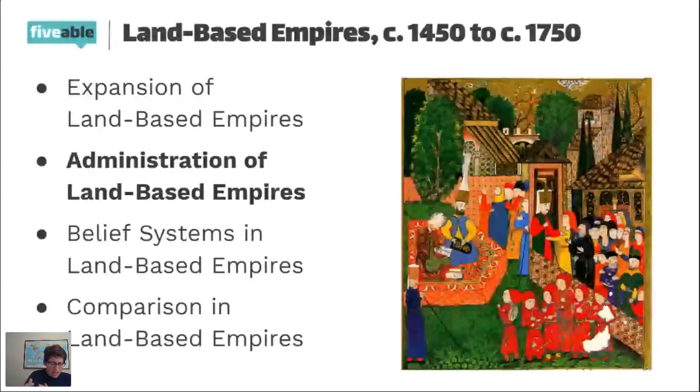Some examples of the use of bureaucratic elites or military professionals: the Ottoman Devshirme system, which you see pictured here, where they draft non-Muslims and then educate them and train them for the military, and many times convert them along the way.